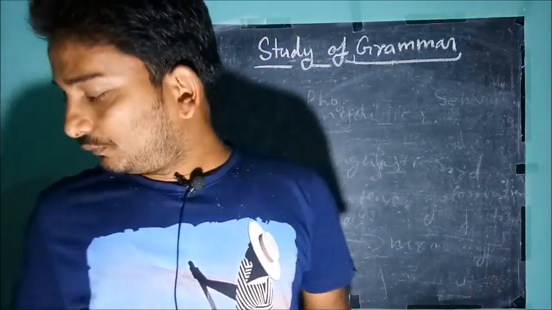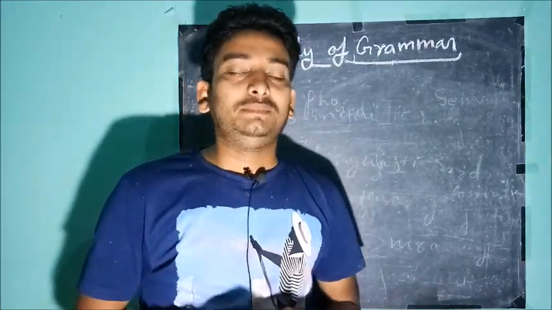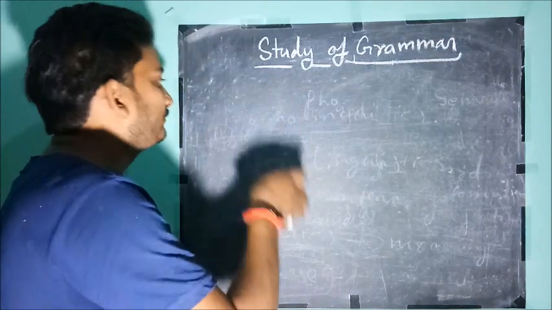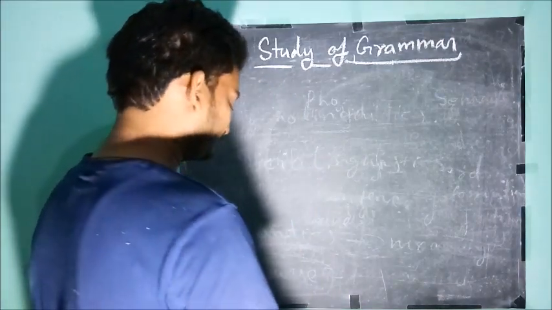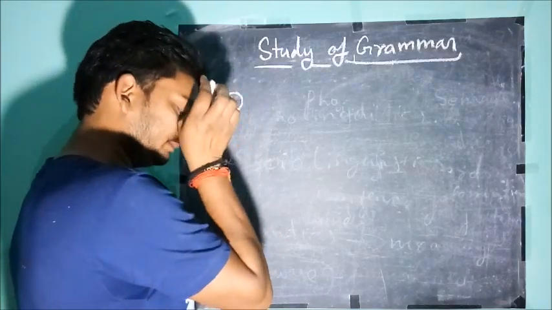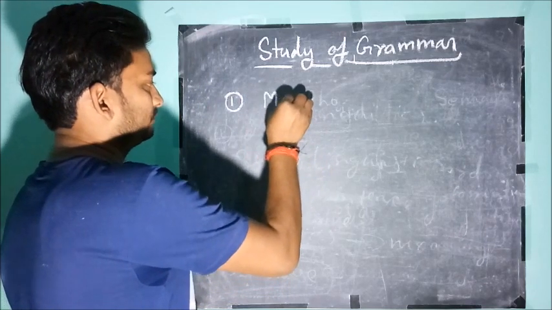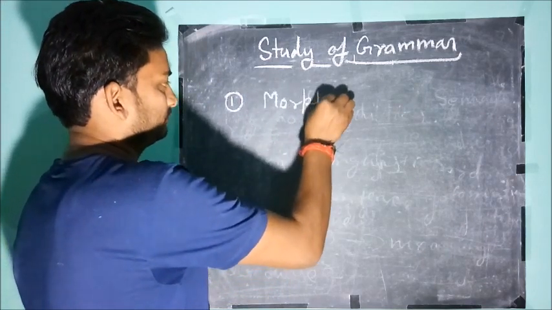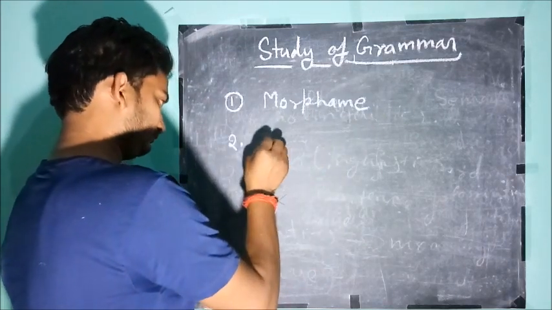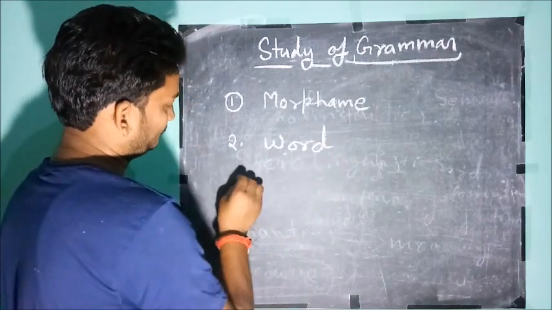Guys, after that we should know what grammar deals with. Grammar deals with 5 basic units of language. That is, number 1, morpheme. Number 2, word.